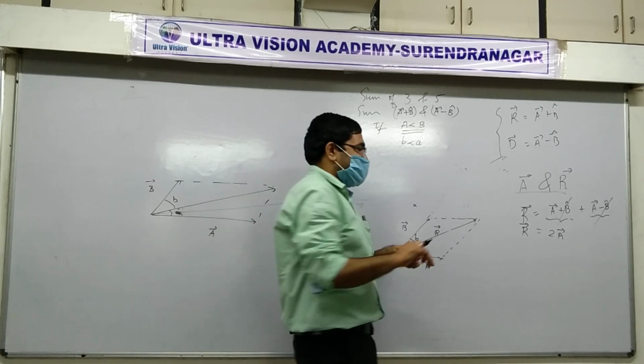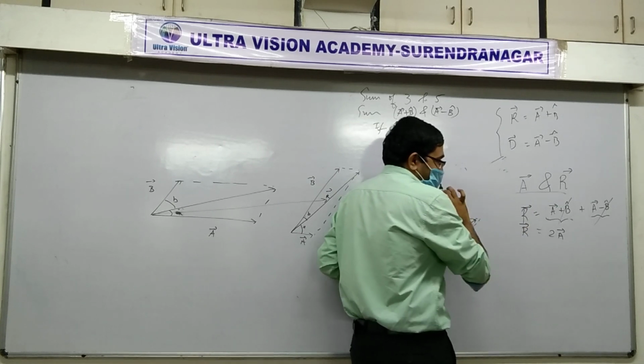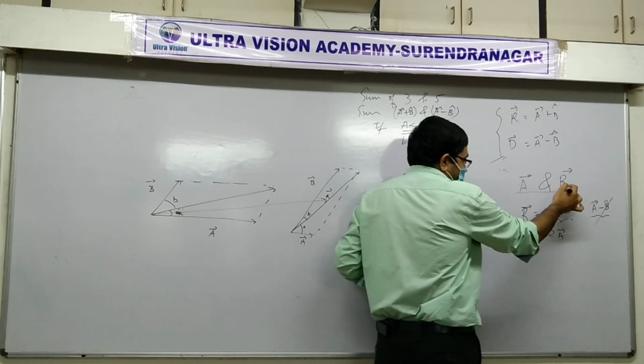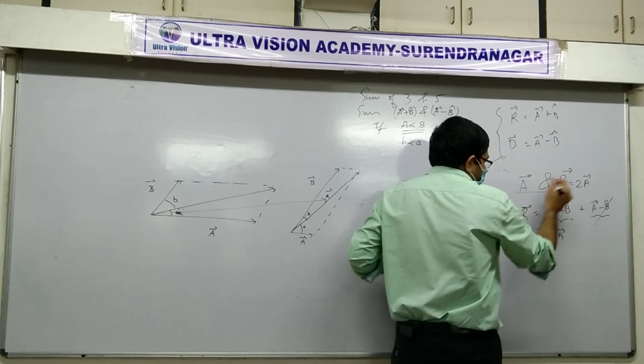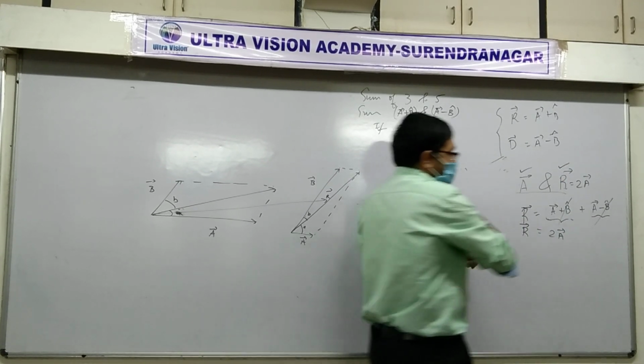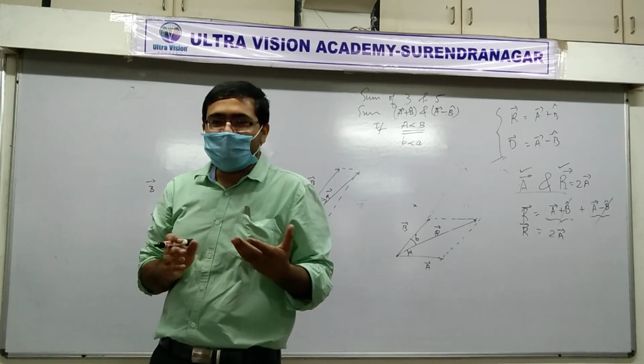Okay, so we have to find angle between which two vectors? A vector and R vector, but R vector is ultimately how much? 2A vector. So find angle between this and this. Wait.